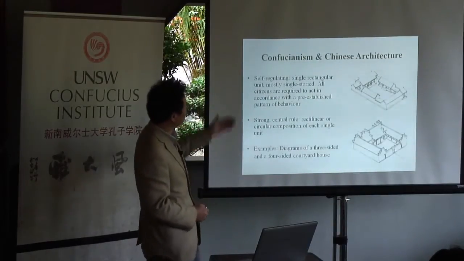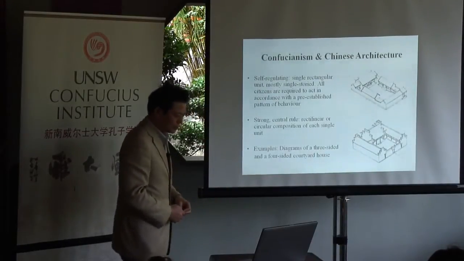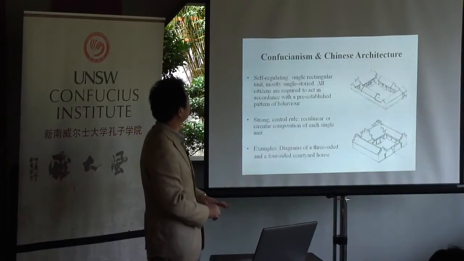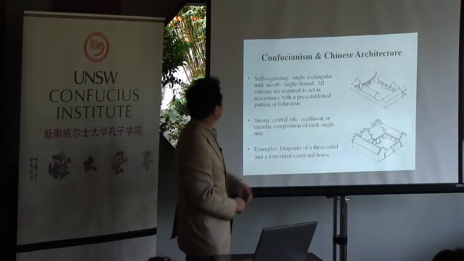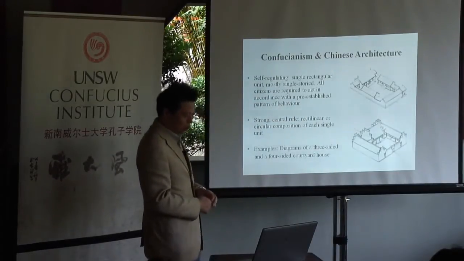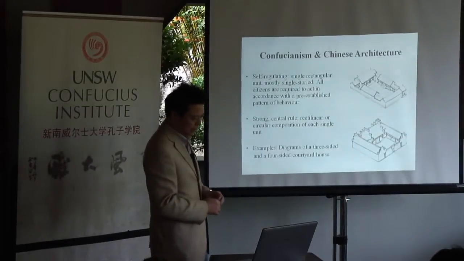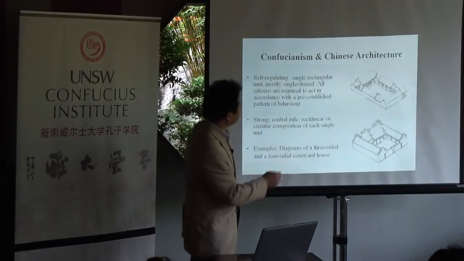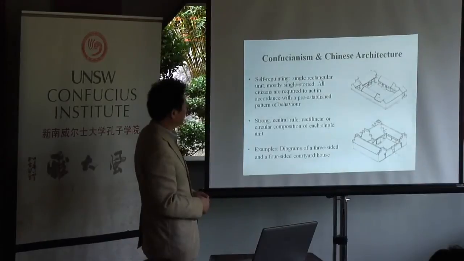Confucianism and Chinese architecture: a self-regulating, single rectangular unit, mostly single story, where citizens are required to act in accordance with a pre-established pattern of behavior. This is a courtyard with a strong central ruler.